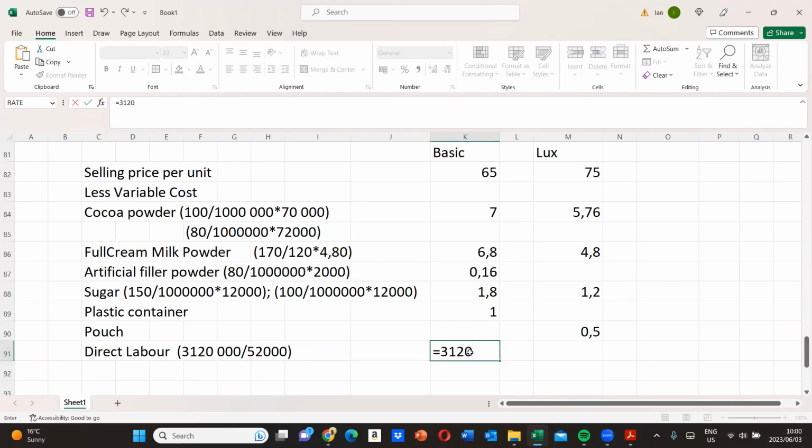So that 120 to about 52,000 gives us 60 there. So in regards to labor, we have 60. This is the cost per labor hour.